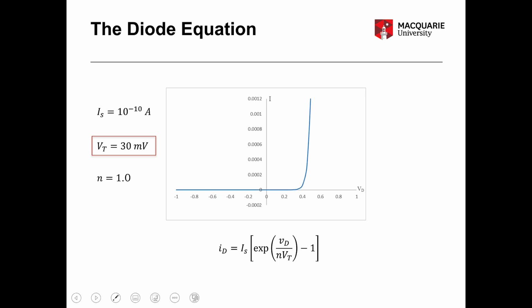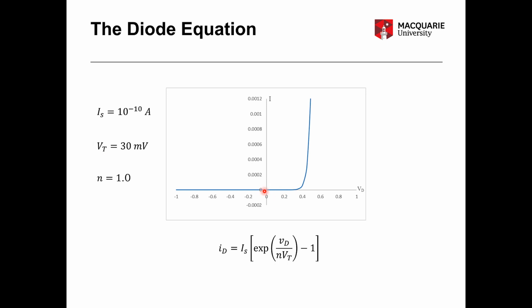If we increase that, you can see that there's a slight shift in the right hand side of that curve. That's at 26 millivolts, and shifting to 30 millivolts. It will move our turn-on voltage of the diode over to a slightly higher value, and of course it will also have some impact on the shape of this curve and the diode characteristics.